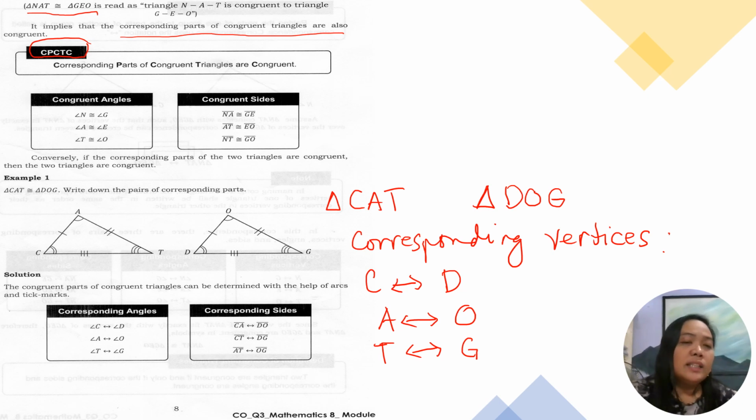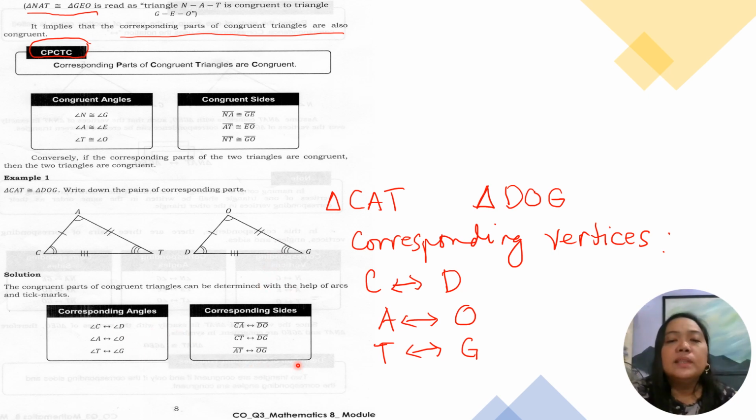The first one is angle C. Angle C corresponds to angle D. Angle A corresponds to angle O of another triangle. And angle T corresponds with angle G of another triangle. So these are the corresponding angles.